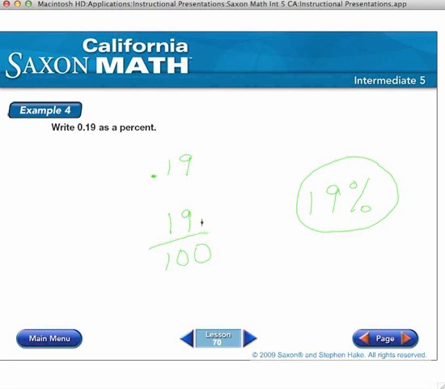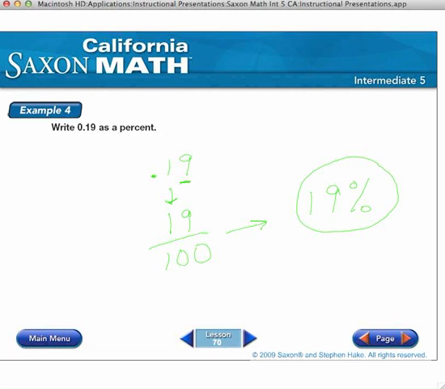I don't need to change it into a fraction. I can go straight to the percentage because I know that this is in the hundredths place. However, going from the decimal to the fraction and then to the percent can be helpful as well.